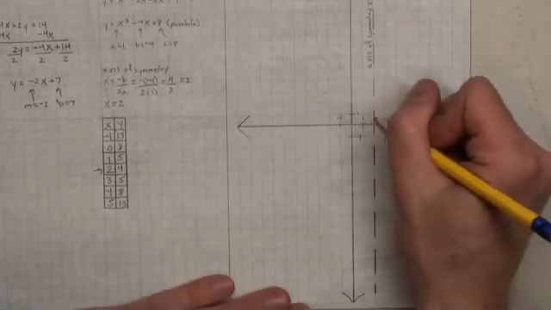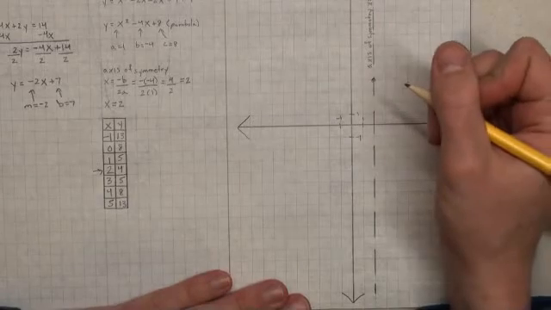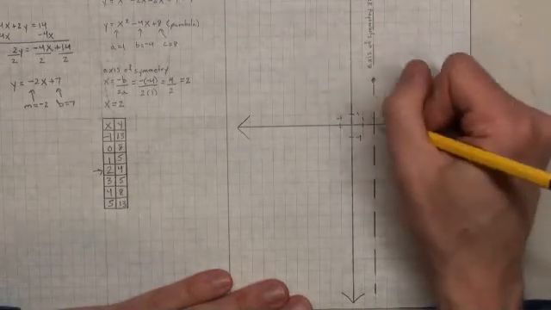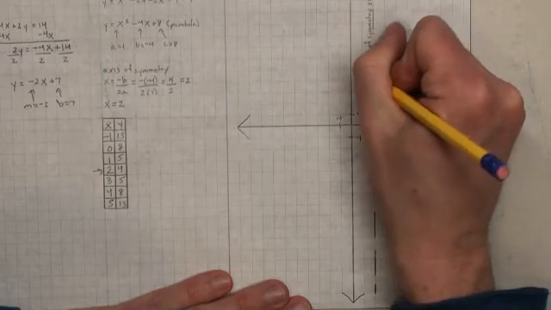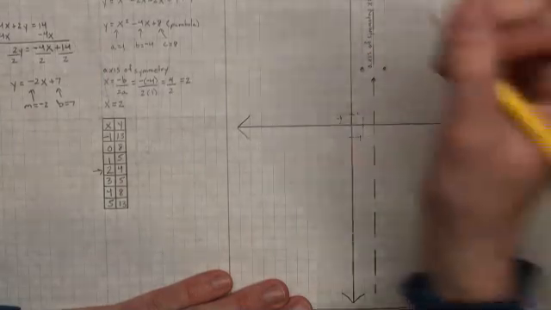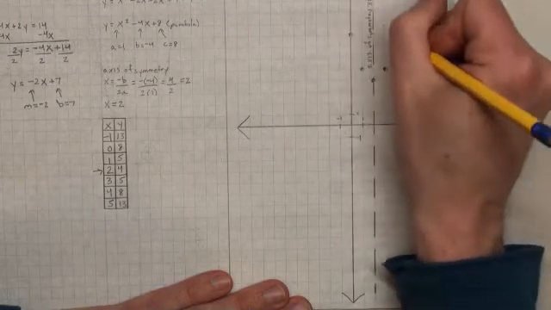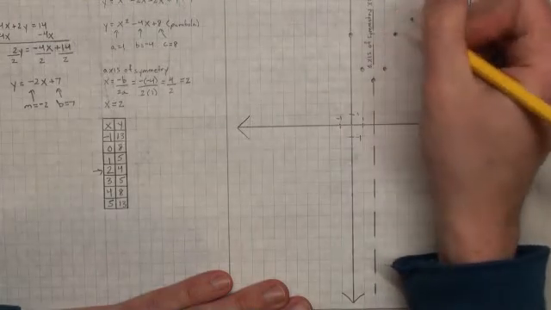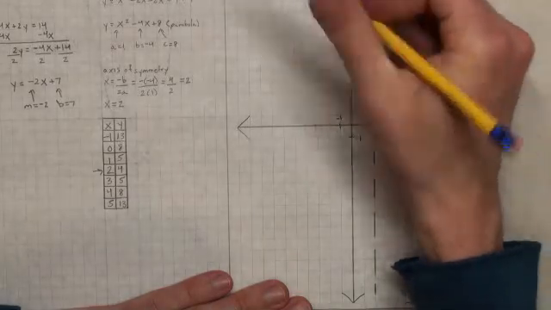So I'm going to plot my vertex first at (2, 4). And then I'm going to plot the rest of my points. I'm going to do (1, 5) and (3, 5), (0, 8) and (4, 8), negative 1, 13 and (5, 13).